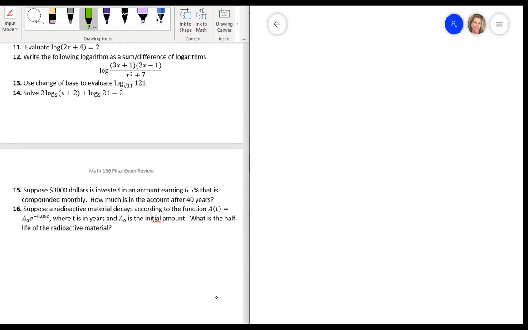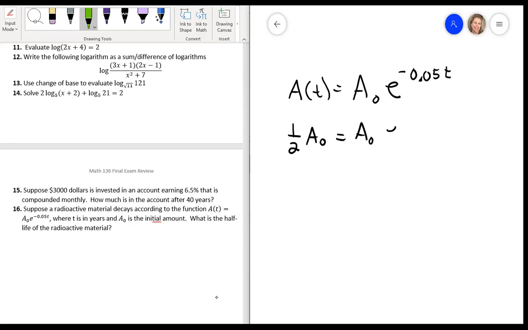The formula says A of t is equal to A sub 0, which always means your initial amount, whatever it is. On this problem, however, they don't tell me what it is, but they want to know the half-life, meaning whatever your initial amount is, the half-life is literally half of what you started with.